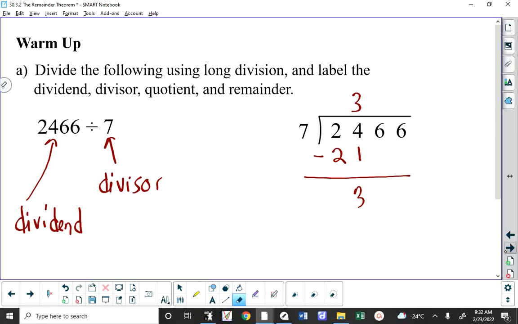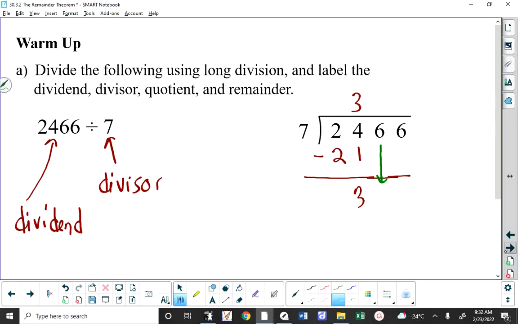Okay, so we divide it in, that's the first step. We multiply, that's the second step. You subtract. I guess there's one more little thing you need to do, and it's to move the next number down. So what I would say to you is you repeat the process. And you would say, well, how many times does 7 go into 3? And you can't do it.